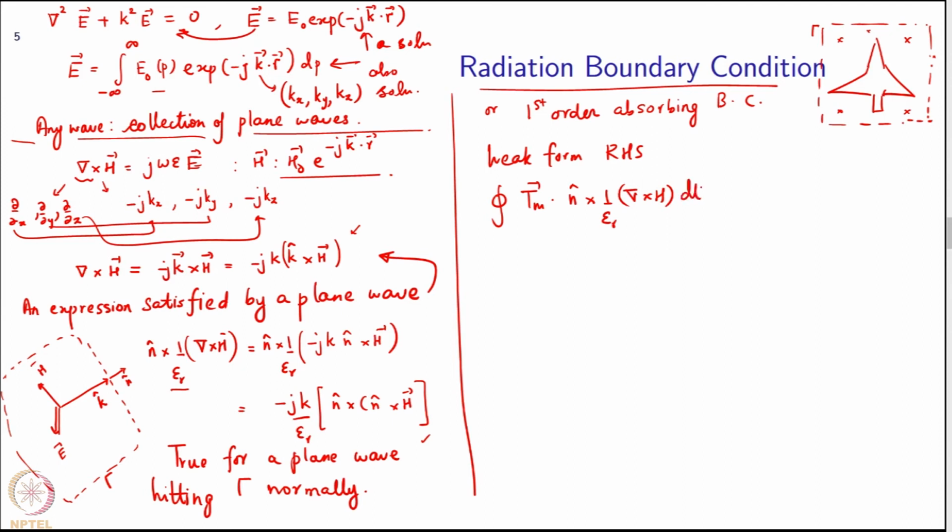This is what I had earlier, and this is the exact form. Now what am I replacing it by? I am replacing this by Tm dot this whole expression: n cross h minus jk by epsilon r dl.